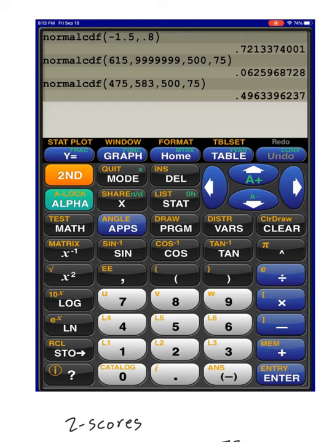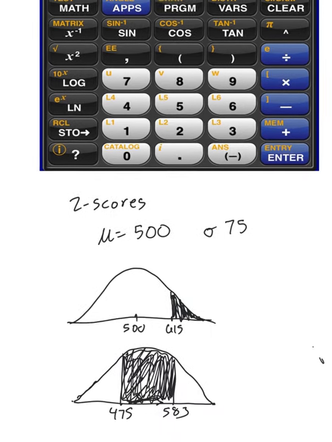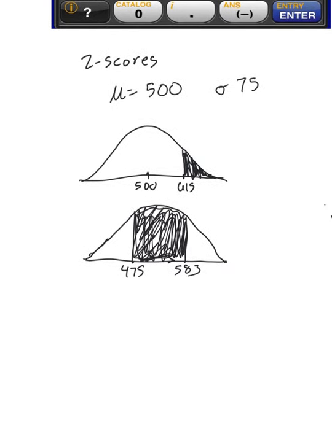Next, I want to see the chance of a very devastating year. My crop doesn't fail, but let's say it's devastating, and I don't get enough to make enough money. What are the chances I have 300 apples or less?